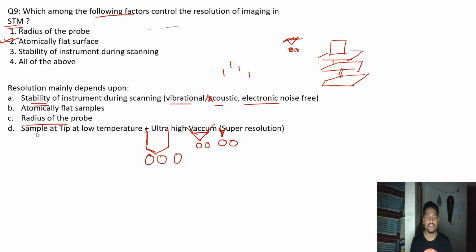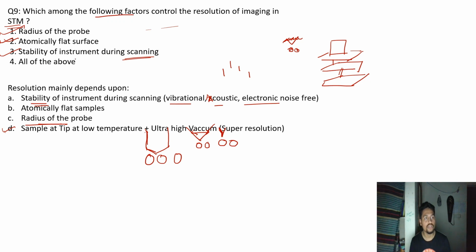Also, if we keep the sample at low temperatures, there will be no contribution from the thermal modes. And if you keep it in ultra high vacuum, that means there will be no impurity and so on, so the resolution is much higher. So obviously the radius of the probe determines the resolution, along with an atomically flat surface and the stability of the instrument during scanning, which I already discussed.